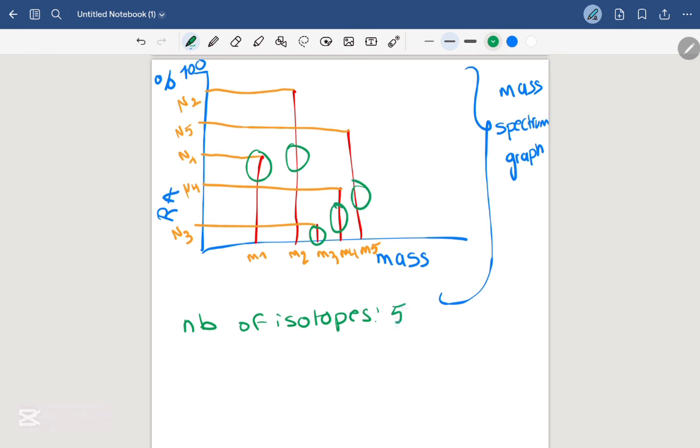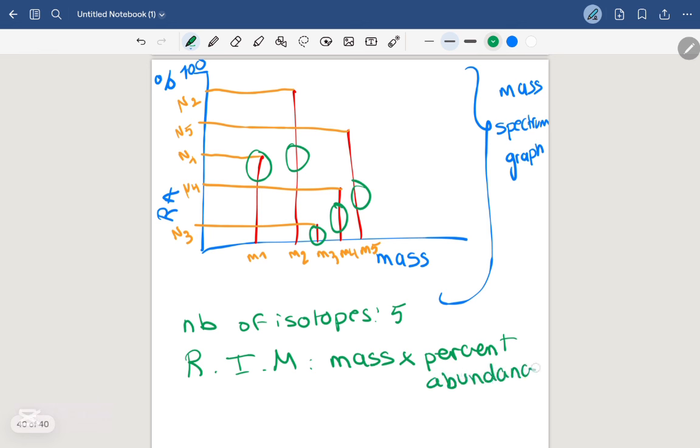Then they will ask you for the relative isotopic mass, RIM. Again, how is this found? It is found by mass multiplied by percent abundance, right? It's the summation of mass multiplied by percentage abundance.